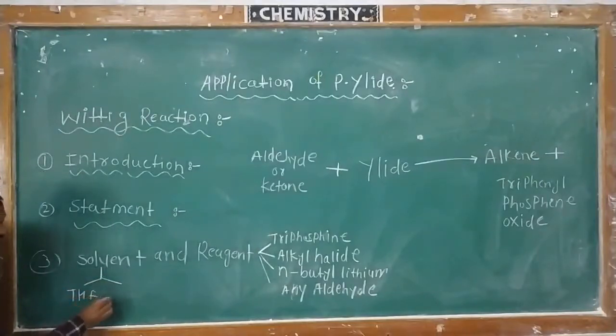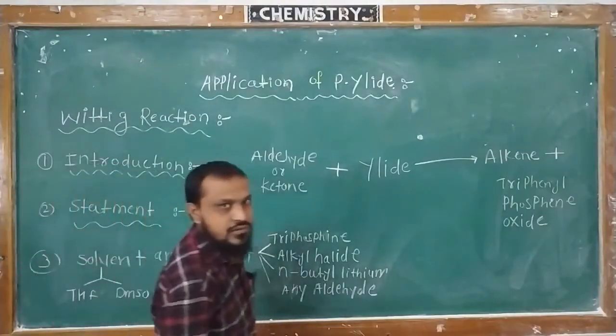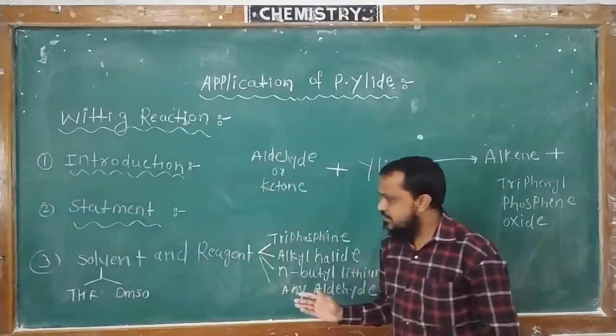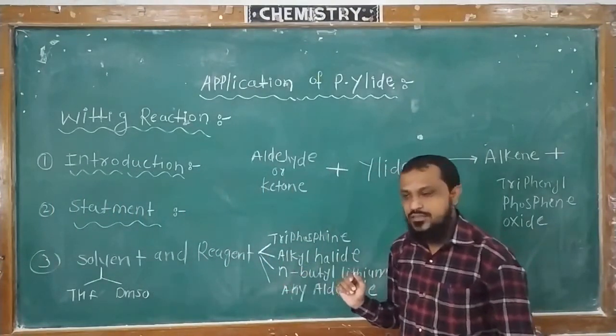THF and DMSO are used as solvents. So these are the reagents and solvents that are used in the Wittig reaction.